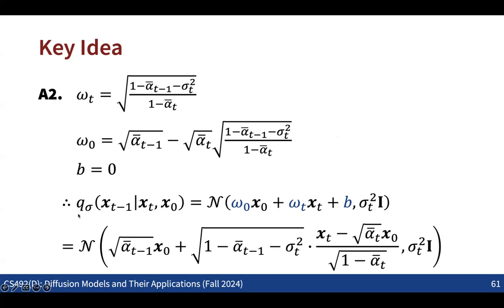From this, we can see that if we define this conditional distribution into this form, then the distribution for the forward jump remains the same as in DDPM. So this is an interesting effect.